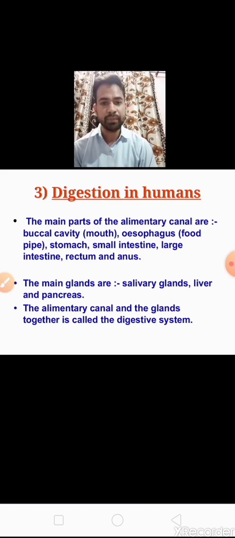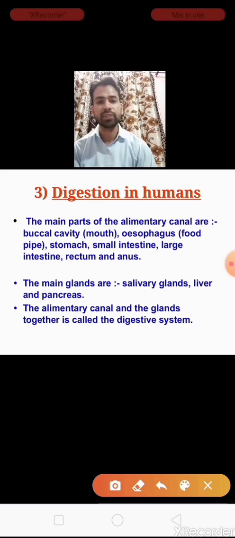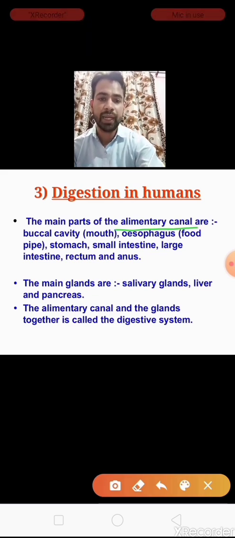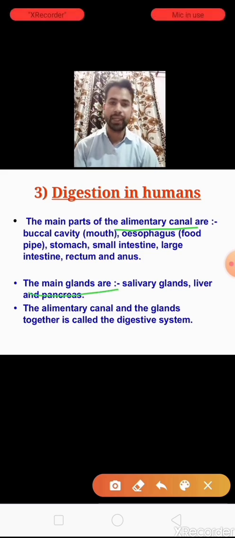The digestive system consists of the alimentary canal and the digestive glands, where digestion takes place. Clear? So the human digestive system consists of the alimentary canal and the digestive glands.